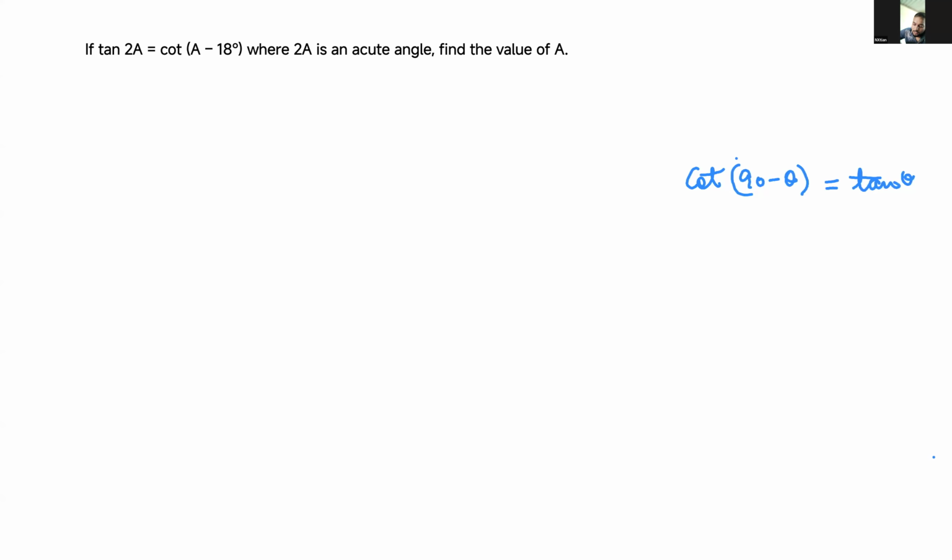Yes or no? Now here theta is 2a. So can I write it like this? Tan 2a will become cot(90 minus 2a).